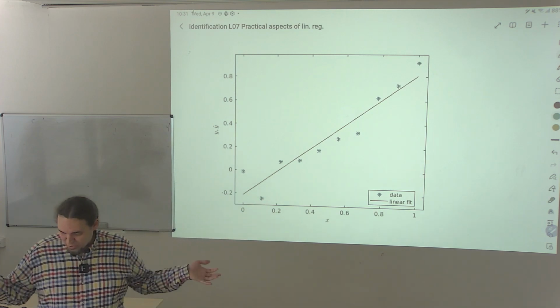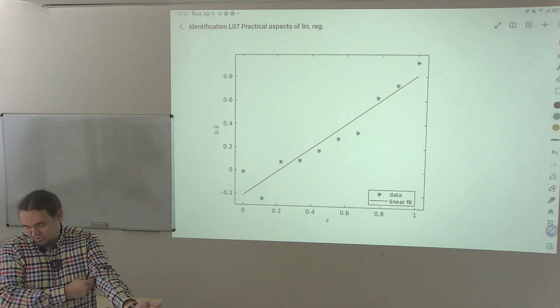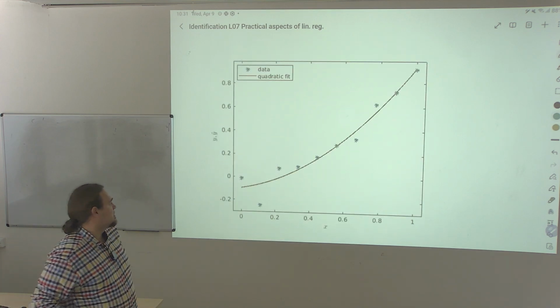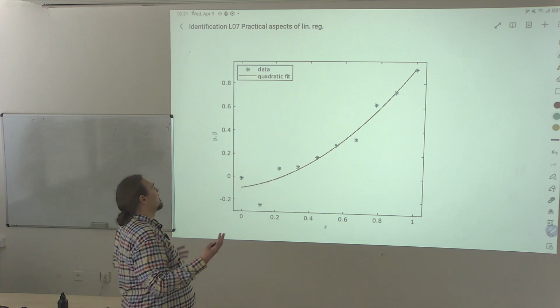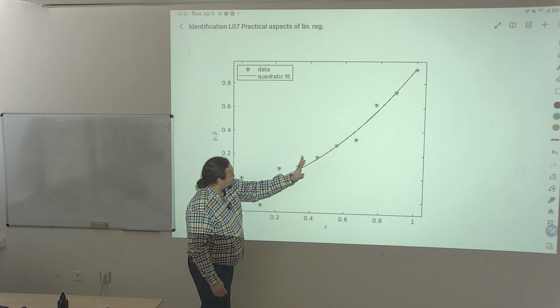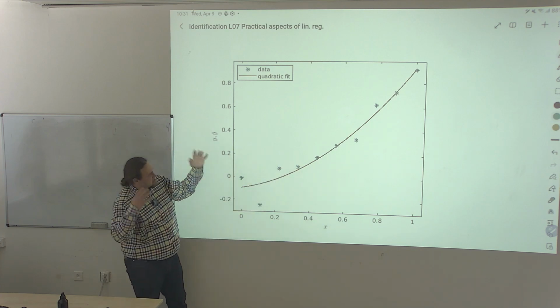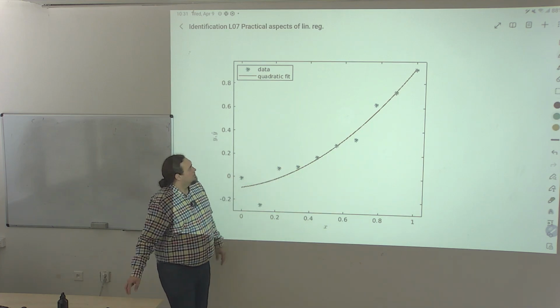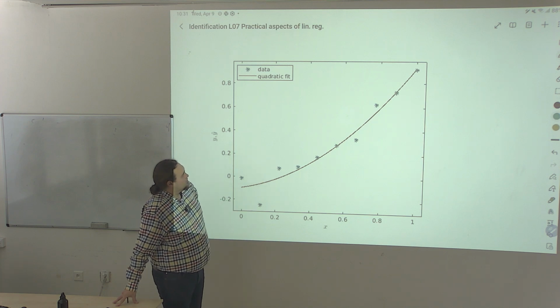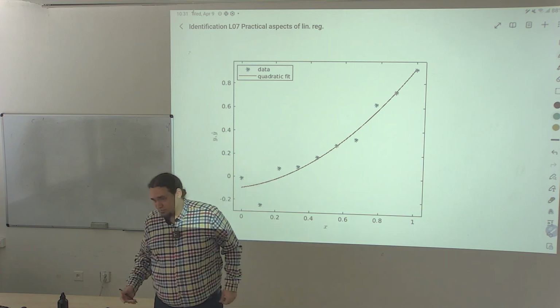So it seems that we just have a problem with a noisy sensor. Maybe if we see the quadratic fit, from this point up they are fine. Here something bad happened. Maybe our sensor even had a malfunction.